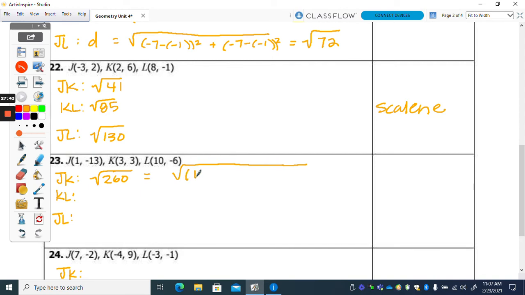It's going to be 1 minus 3 squared plus negative 13 minus 3 squared. So don't put the square root in there. Only put what's under the square root. And if you enter it just like this, you should get 260.